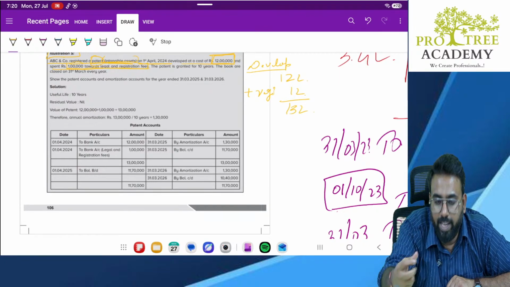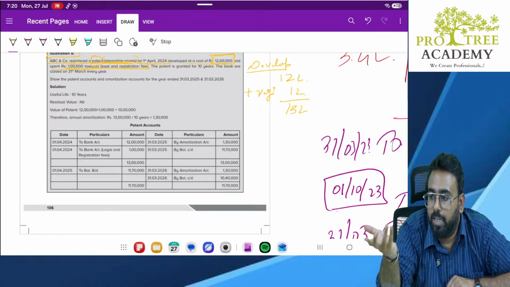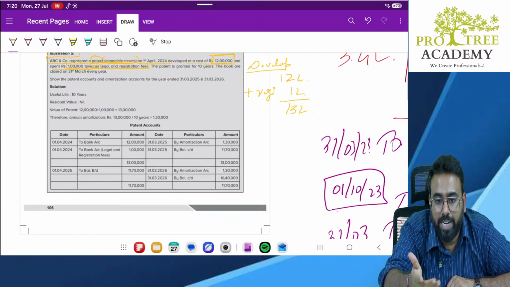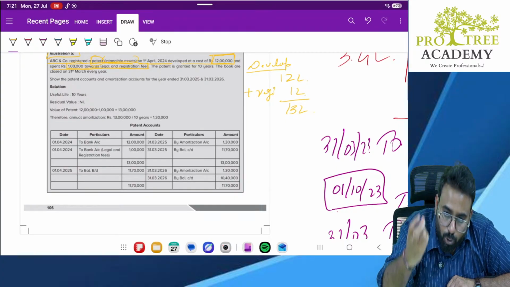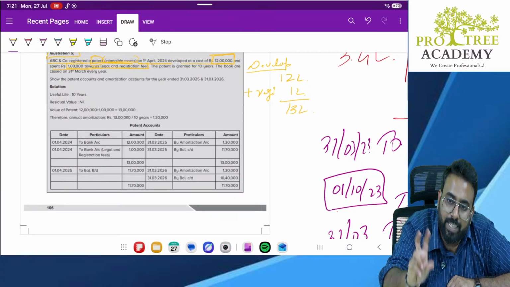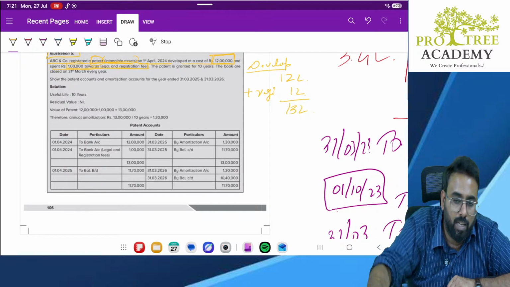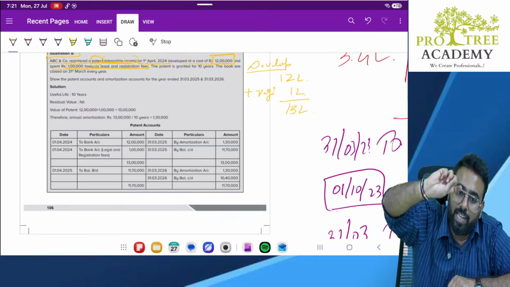So that asset here in this case is called an intangible asset because you are creating some formula, and to create a formula you must have hired researchers, testers, you might have taken a lab on rent, you might have set up so many equipments for testing, correct or no? You might have incurred so many expenditures, right? So to develop any formula or to invent anything, you would have incurred the cost. So that cost is nothing but your value of the asset. Along with that, whatever cost is incurred to ensure that asset is created.